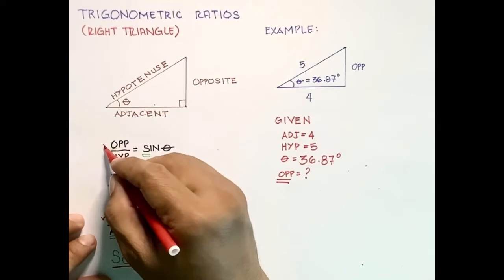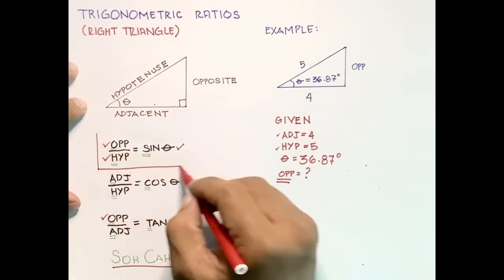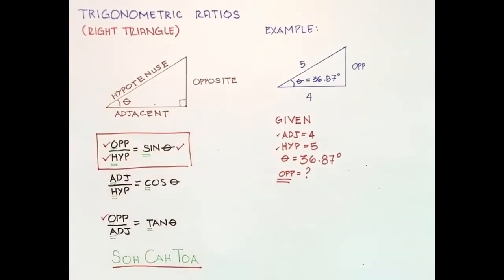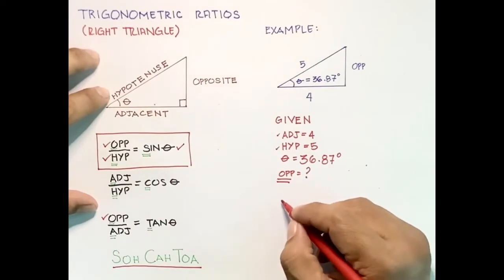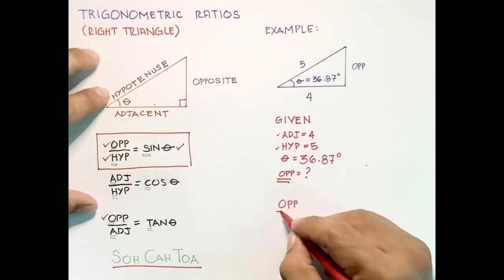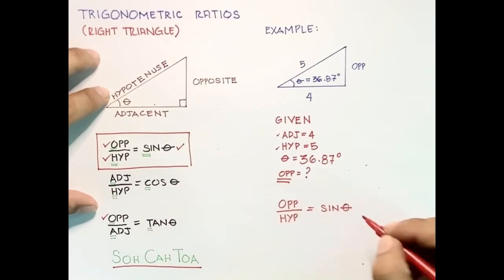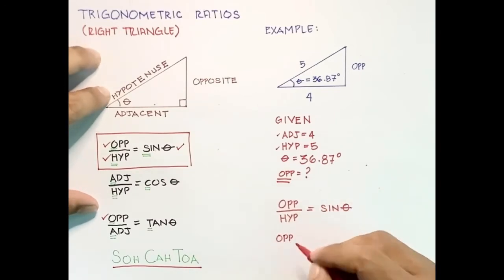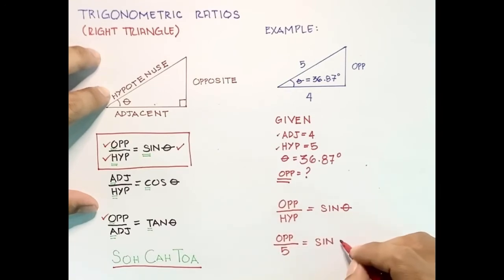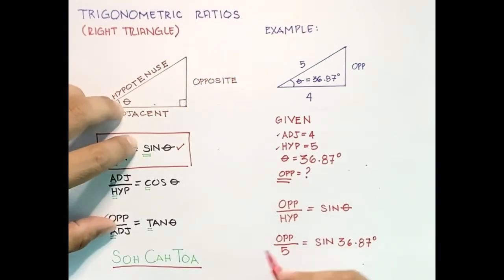Now we have opposite and hypotenuse, so therefore we will be using sine for this one. So opposite over the hypotenuse is equal to sine theta. Now opposite over hypotenuse value, 5, is equal to sine of the theta value, 36.87 degrees.